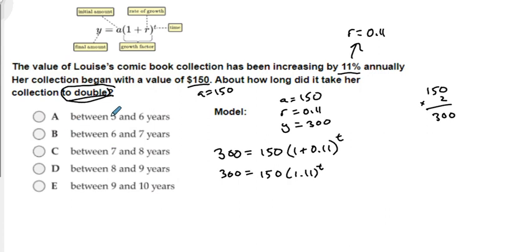They're giving us some options here: between 5 and 6, between 6 and 7, between 7 and 8, between 8 and 9, and between 9 and 10. The only way you can solve this with precision is with something we haven't covered yet, which is called logarithms. So we're going to instead estimate where this falls, using a calculator.